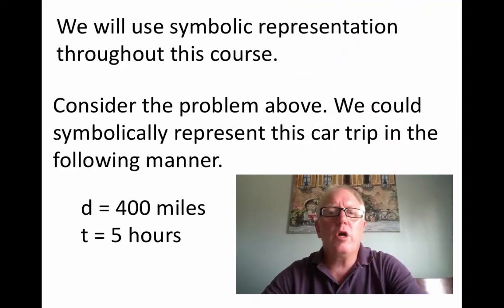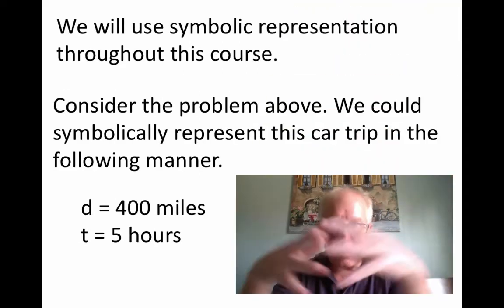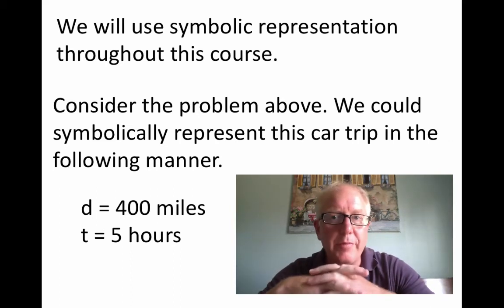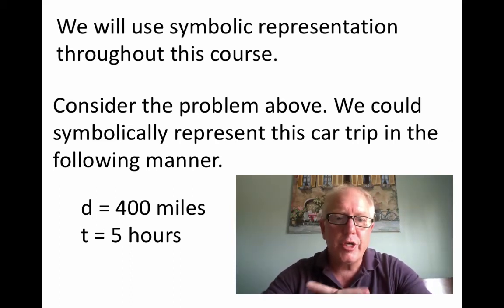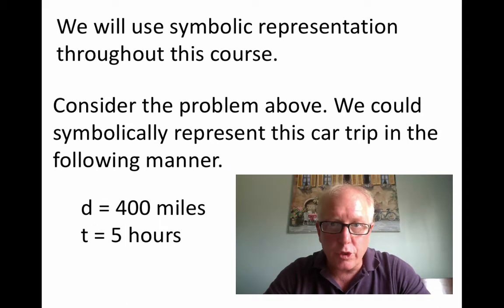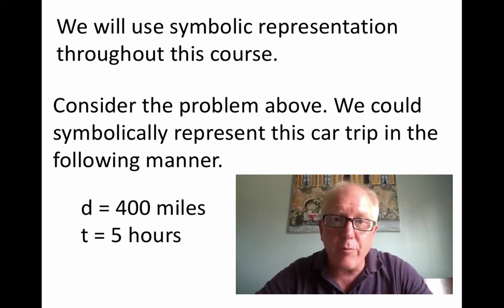We're going to use symbolic representation all the way through, and we want to be talking the same language. So we're going to introduce symbols that we're going to use. I've just introduced 3 of them, and then we're going to be of the same understanding of what those symbols mean. For this problem, and for every problem that you do, you're going to symbolically represent the information.